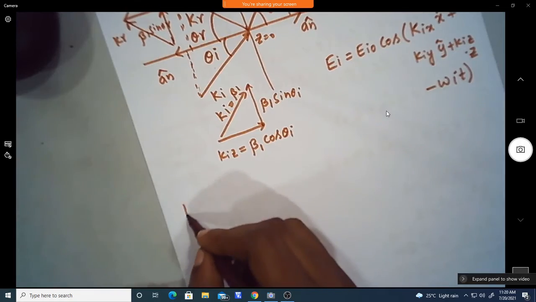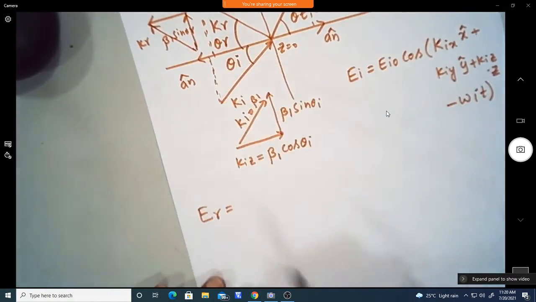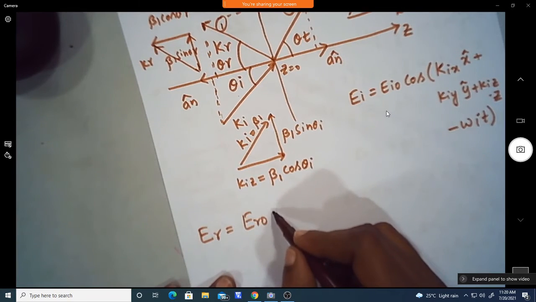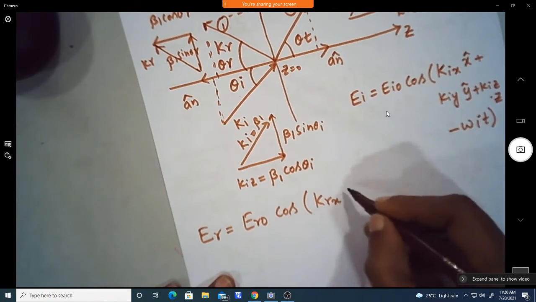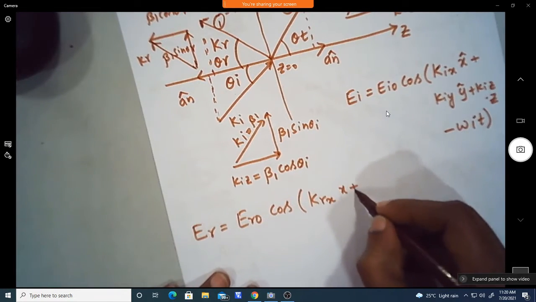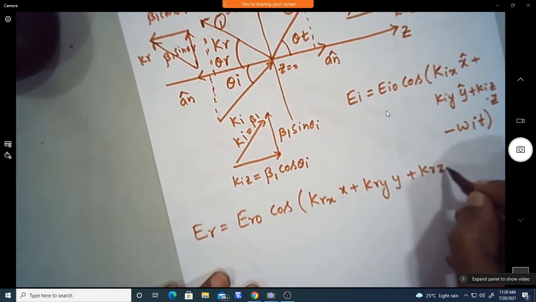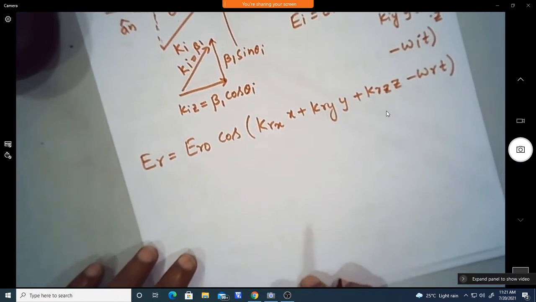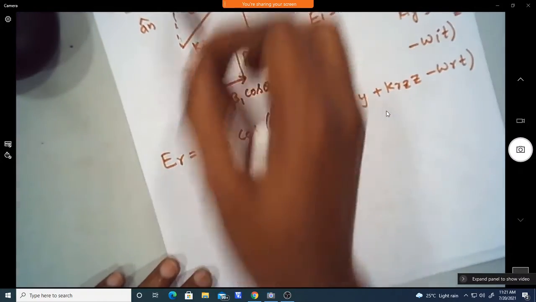Similarly, we can express the reflected wave, since it is in the same medium: Er0 cos of krx x plus kry y plus krz z minus omega r t. This is the reflected electric field in the same medium.